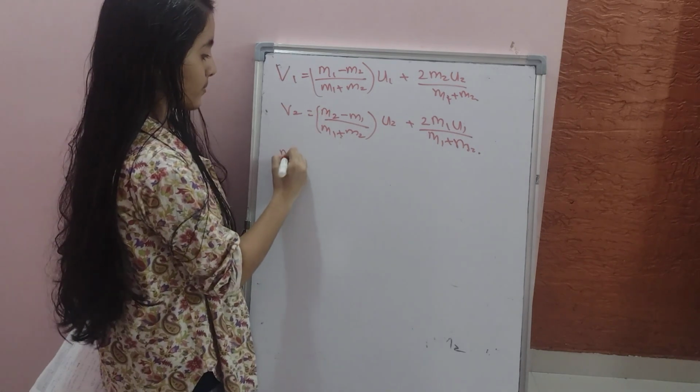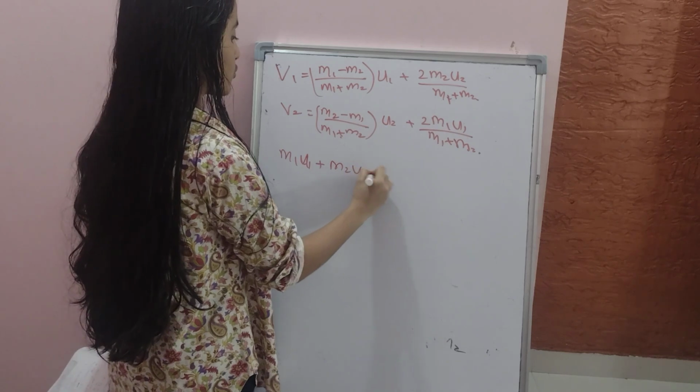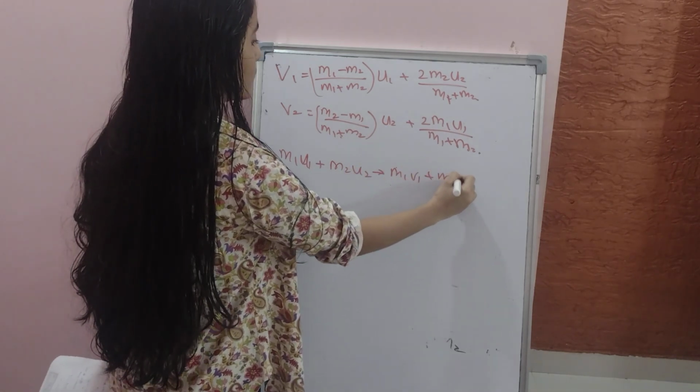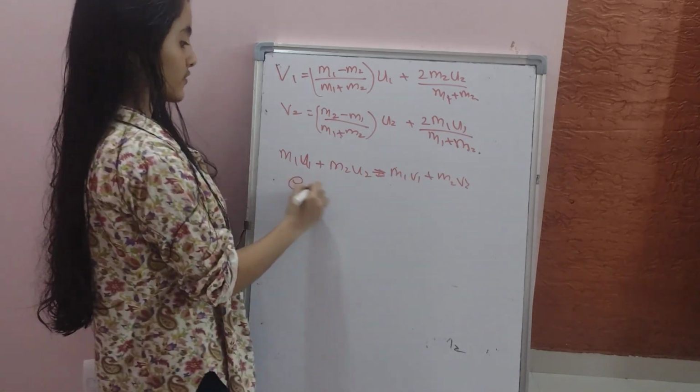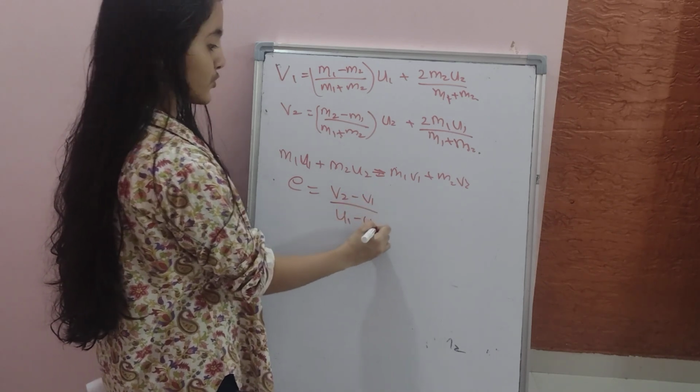Taking those two equations, the momentum conservation equation, m1 u1 plus m2 u2 equals m1 v1 plus m2 v2, and the coefficient of restitution equation, that is e equals v2 minus v1 divided by u1 minus u2.